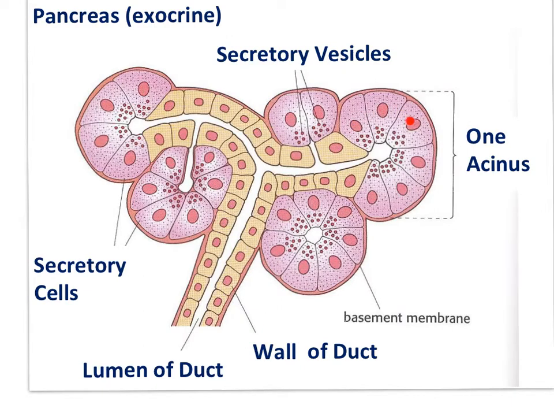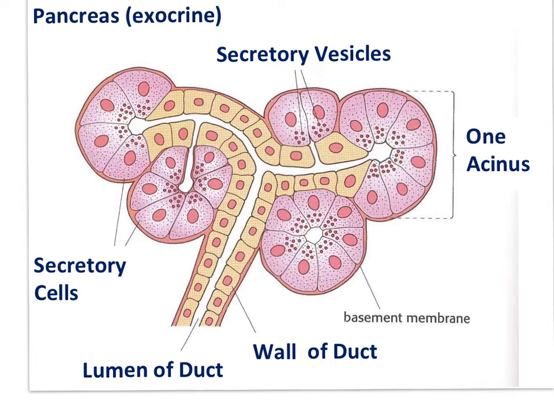Pancreatic cells, seen here, and here, here, here, and here, are clustered around ducts. These pancreatic cells are clustered around a duct that leads to the small intestine. Now, all the cells are clustered around the duct so that they can empty their enzymes into the duct by exocytosis.